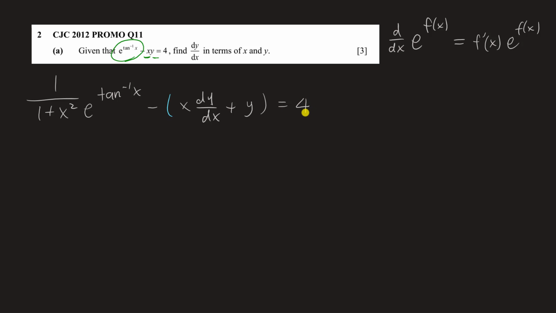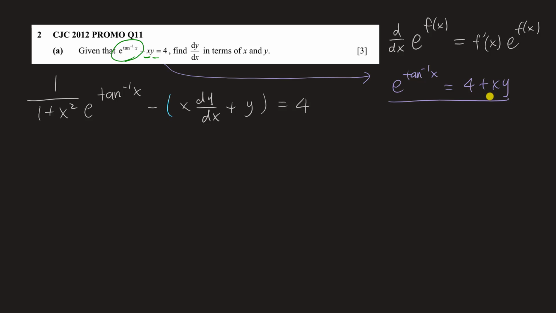Okay? Once again, we just need to make this guy here the subject. And a point to take note, notice e to the power of tangent inverse x minus xy is equal to 4. So if we were to start a mini side project here, e to the power of tangent inverse x is actually equal to 4 plus xy.